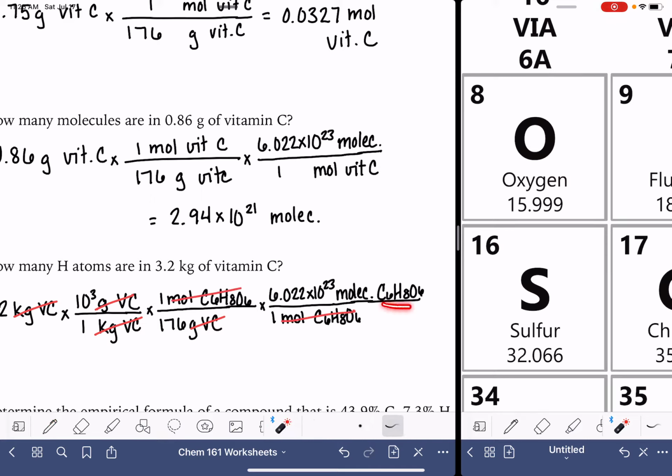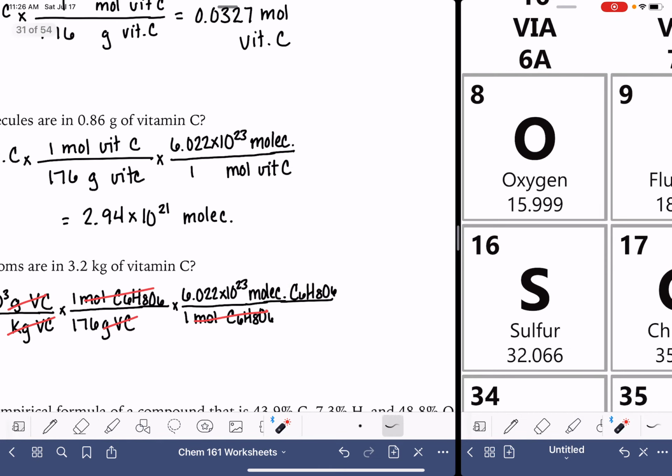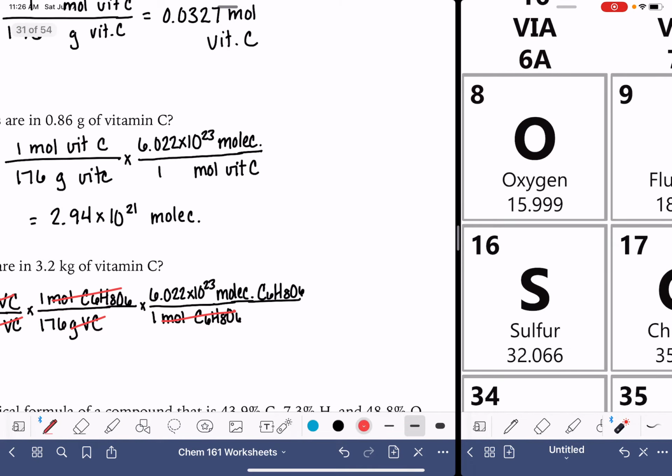The molecular formula tells us that there are 6 carbon atoms in every molecule. There are 8 hydrogen atoms in every molecule. That's what we're actually looking for, those 8 hydrogen atoms. So we can use that like a conversion factor.